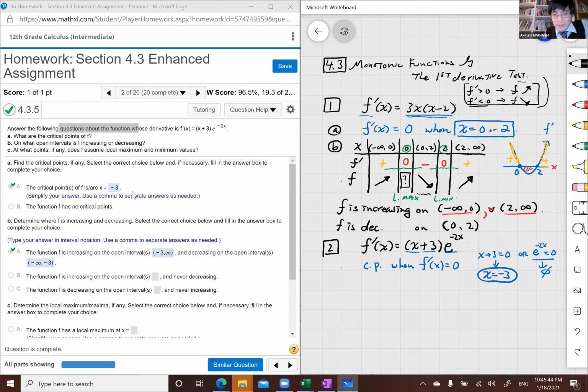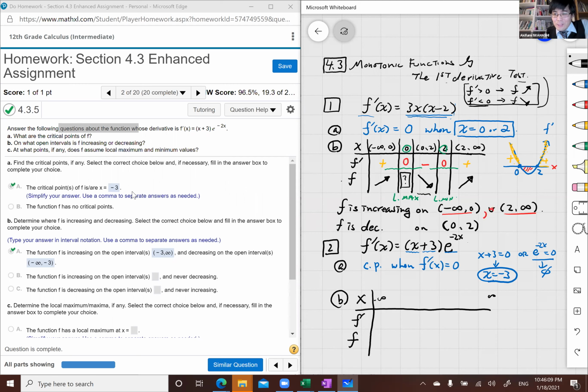Now move on to part B. I am going to draw the increasing decreasing table for this function. First of all, the domain for this function is all real numbers, so it's negative infinity through positive infinity.